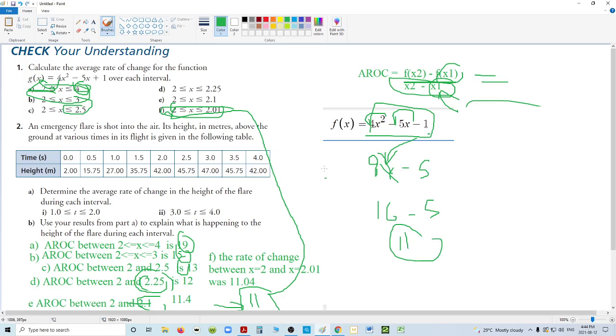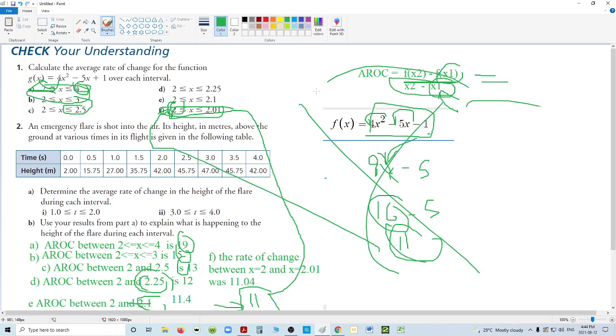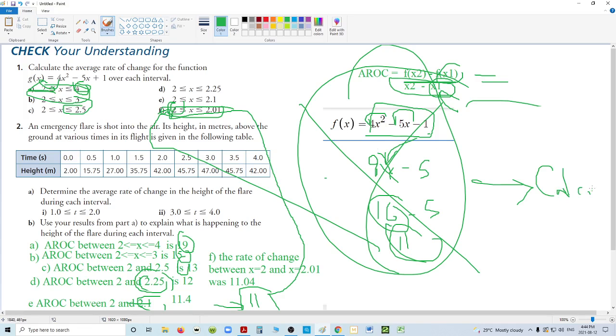So I can see from cheating using calculus that indeed the instant rate of change at 2 is indeed 11. But this part just skip for now, I'm just trying to help you show how it's leading into calculus. This is called a derivative.